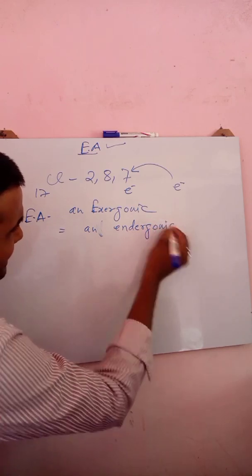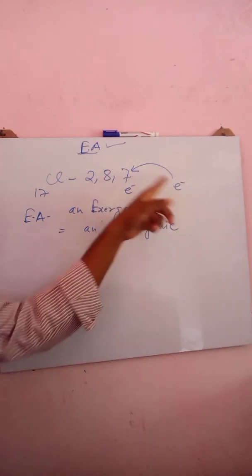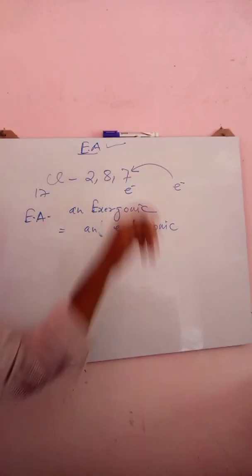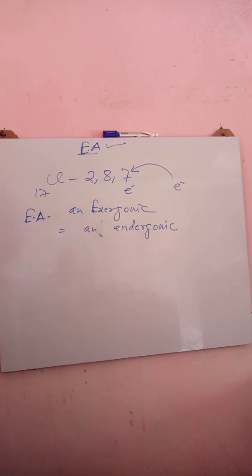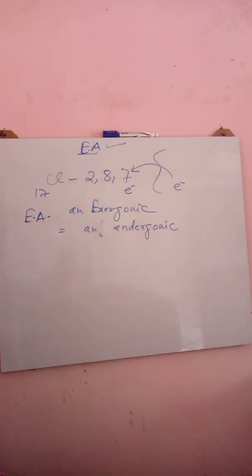Why is it an endergonic process? Because while electrons are coming in succession, more repulsion will be caused by the electrons present in the outermost shell. So to overcome this repulsion, some amount of energy we have to supply, right? That is called successive electron affinity.